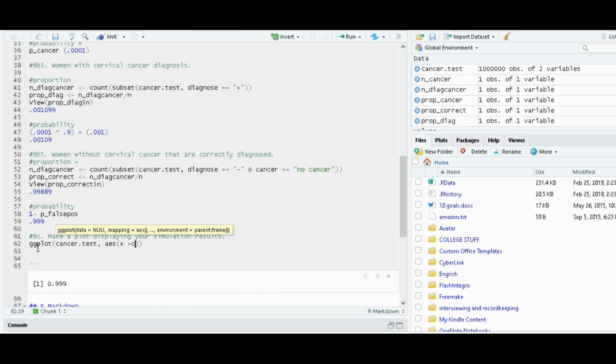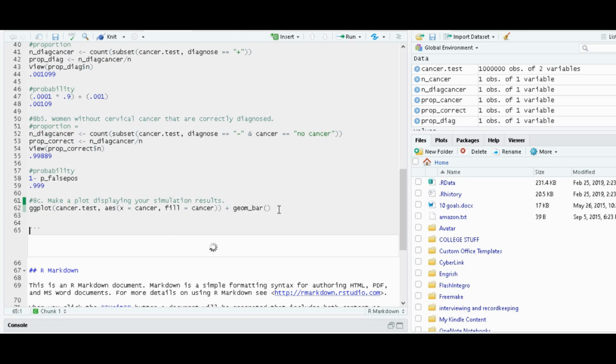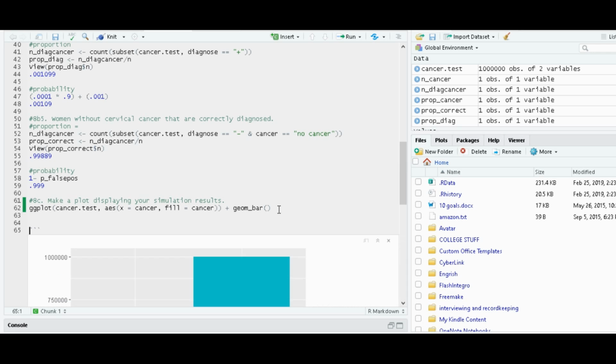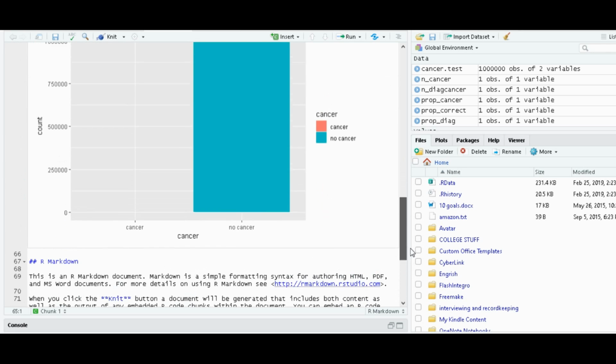No, it should just be cancer. Fill is cancer. Geom bar. Oh, look at that.